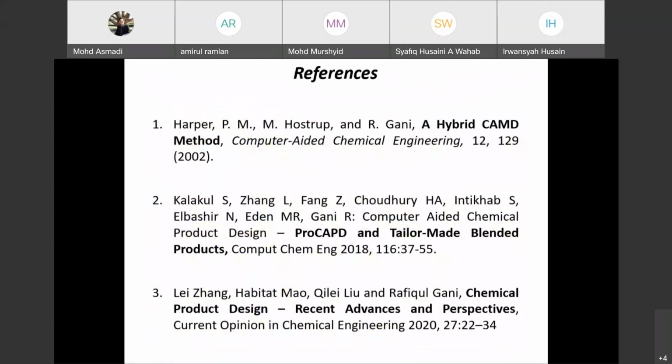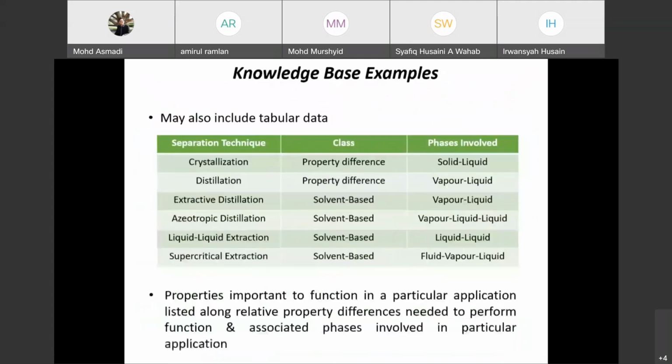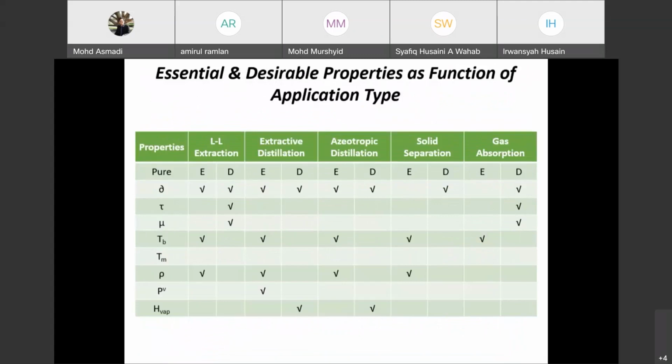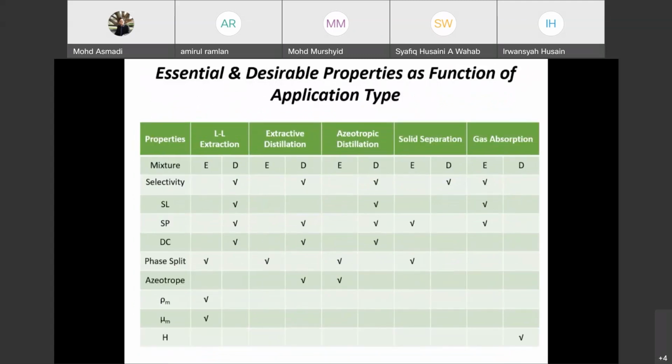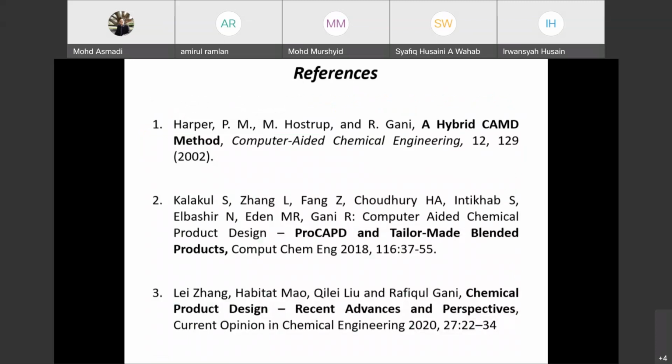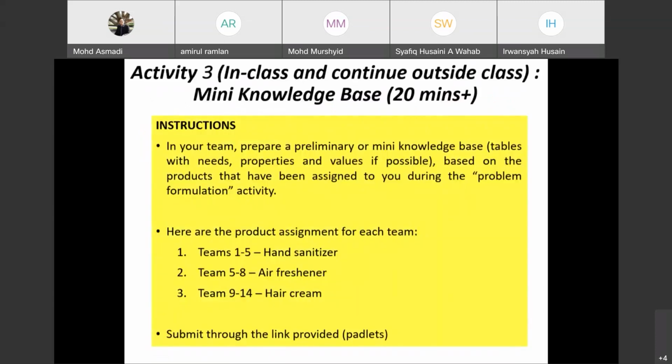So that is what we call knowledge based examples as well as essential, desirable and also EHS. Dia punya difference, macam mana you nak tahu dia punya guideline and also hierarchical. Okay, so kita ada dalam 15 minit.